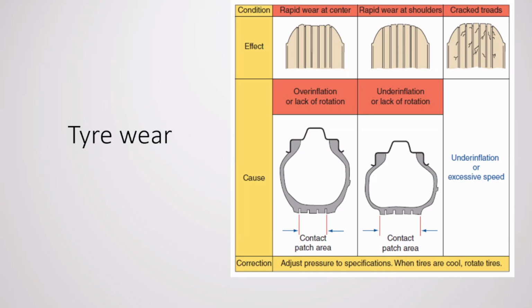So finally it will be some sort of catastrophic failure. So you should be aware of the tire's manufacturing date. So in normal situations, in standard situations, tires are only recommended for 5 years, right?